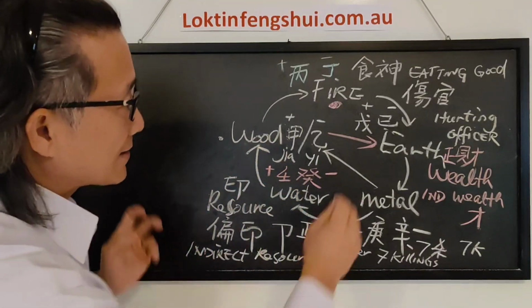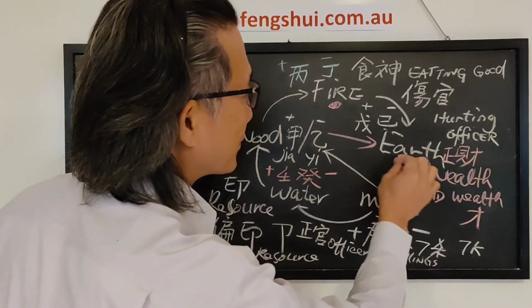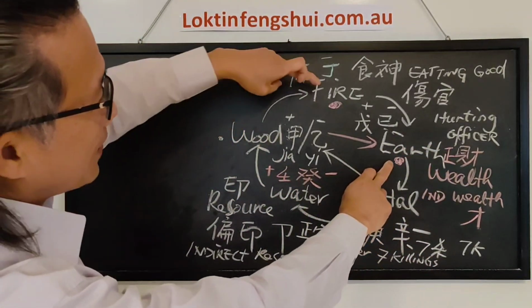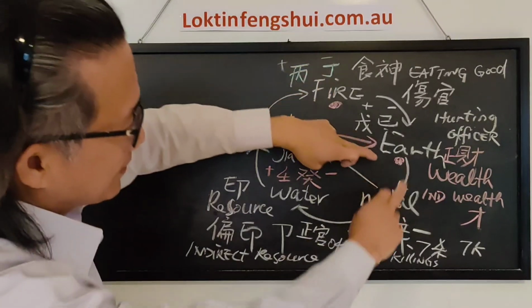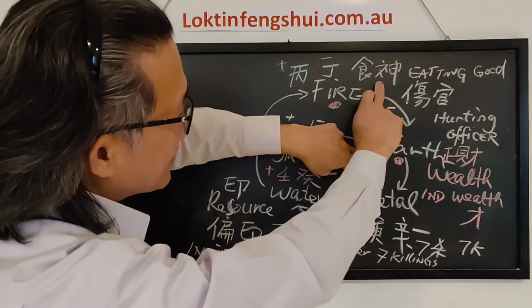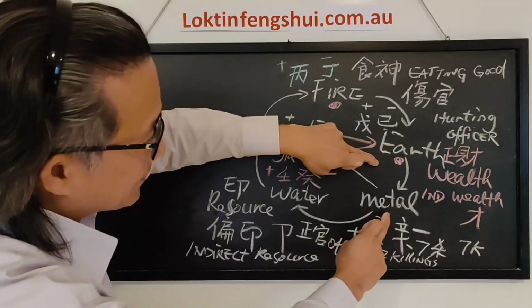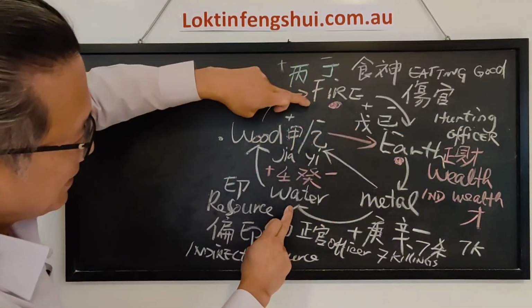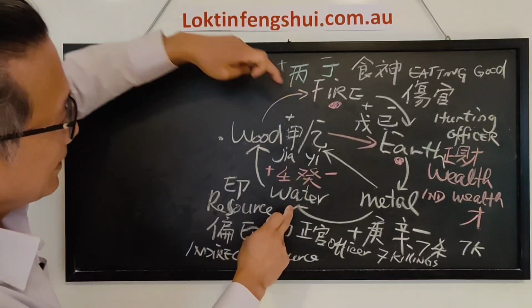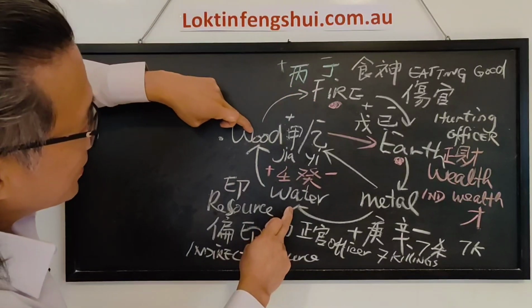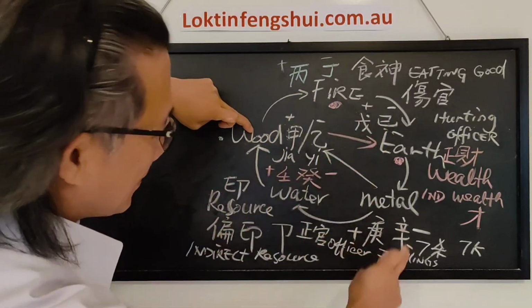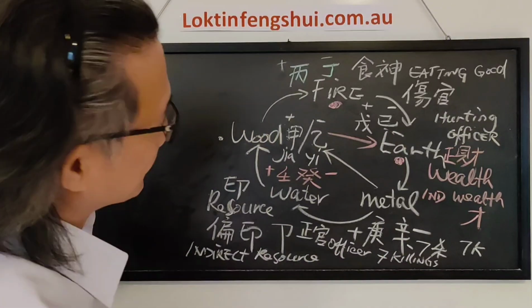If we are standing at the earth point of view, the fire becomes resources, the metal becomes eating god or hurting officer, the water becomes the wealth, and the wood becomes the officer or 7 killings.